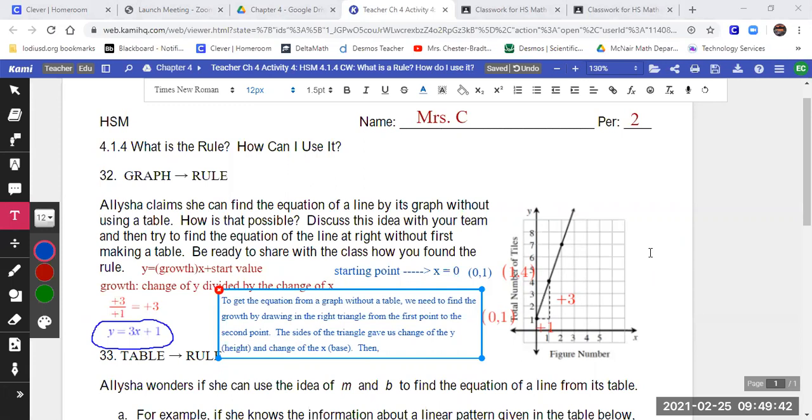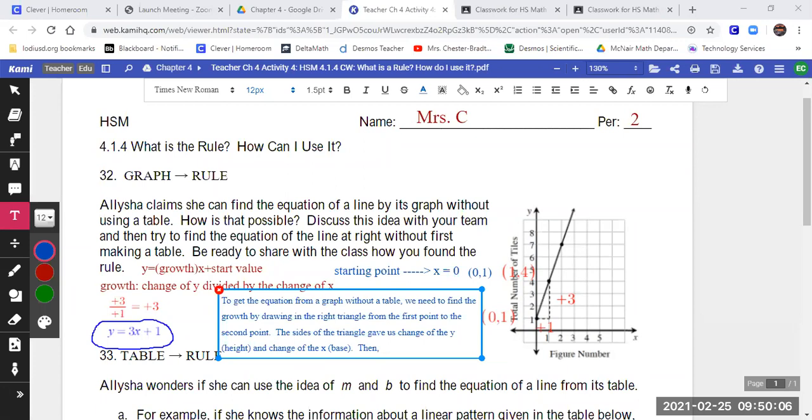The starting point, and we would be looking for what kind of point for the starting point? What point are we looking for on the graph?